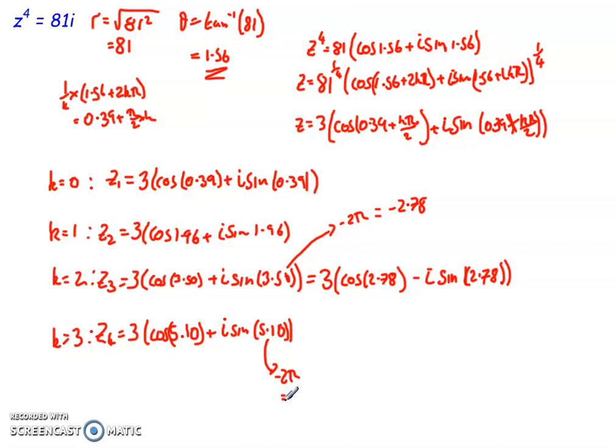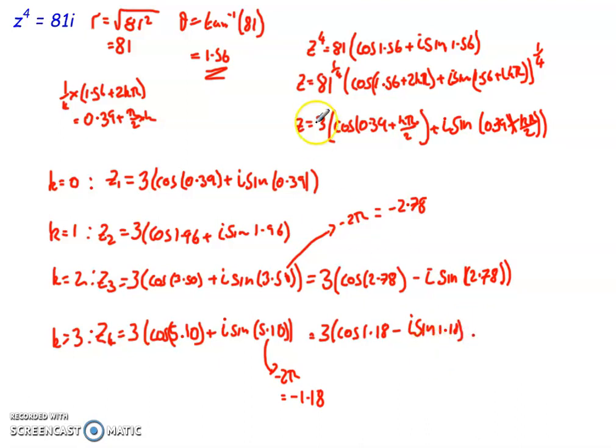If I take away 2 pi from this, that ends up giving me negative 1.18 after I've rounded it. If I then substitute it back into here, and again do the same as I've done here with the negatives to get rid of them, what I'll end up getting is 3 bracket cos of 1.18 take away I times sine of 1.18.